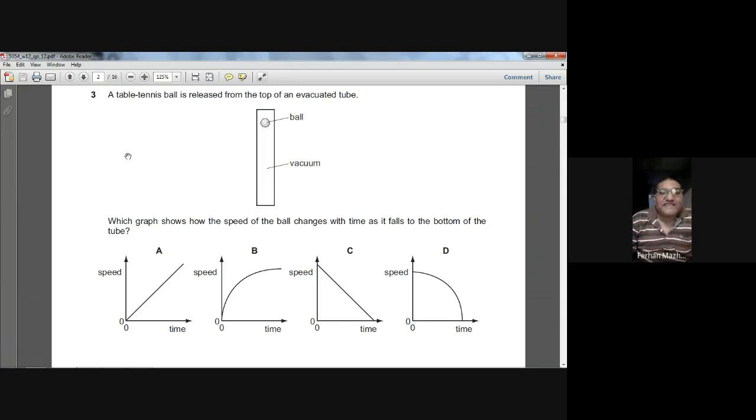So the choice is A, because when a ball falls in a vacuum tube, the acceleration remains constant, which means the slope of the speed time graph will be constant. So a straight line graph will represent this motion. Question number 3, the choice is A.